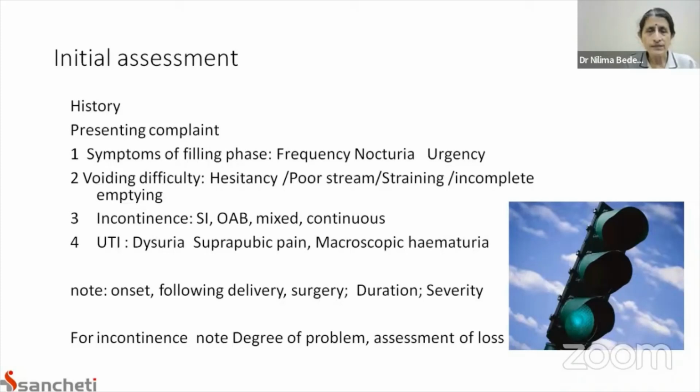During this, it's important to understand what the person is complaining about: the frequency at night, or an urgency. Does the person have any voiding difficulty? Does she feel that the bladder is getting completely emptied? Because all this leads to further problems.